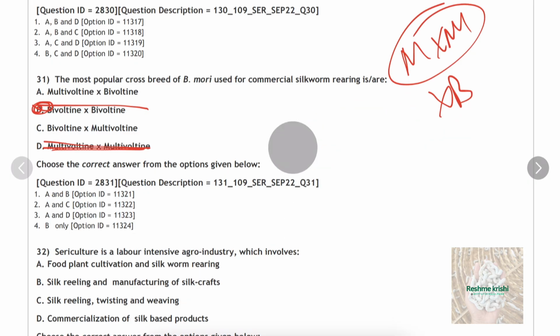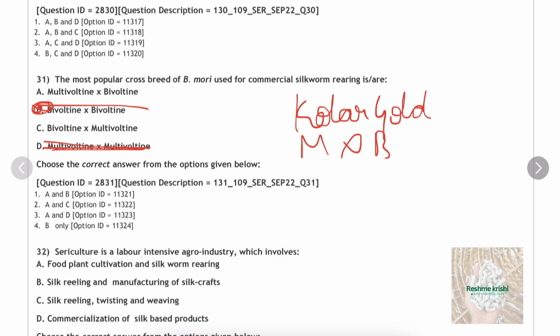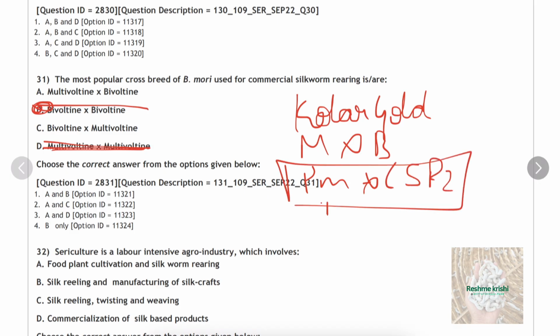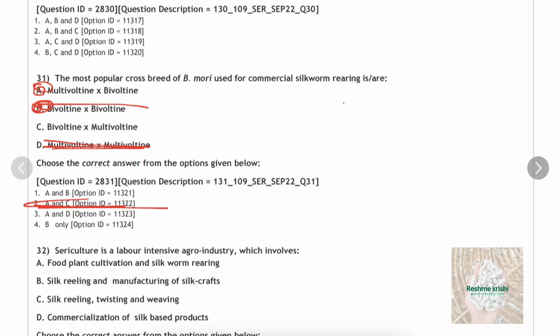Now see, the commercially exploited crossbreed Kolar Gold in Karnataka, in the southern part of India, is a multivoltine into bivoltine, PM into CSR2. The female is the female PM, and that one will be considered as 1. So the answer will be multivoltine into bivoltine. A and C is there, so this one is the correct answer.